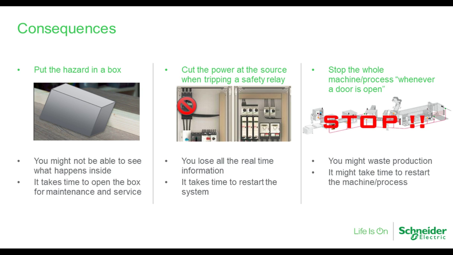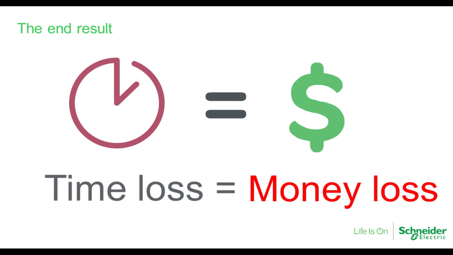So we're thinking about safety first, but when we just employ these simple methodologies, we also realize that there's a cost. And so this is something that we want to improve upon. So the end result of these three common, very simplistic ways of dealing with machine safety is time lost or materials.